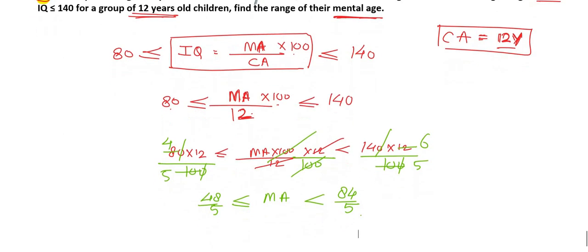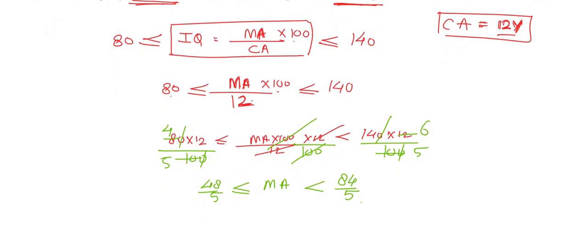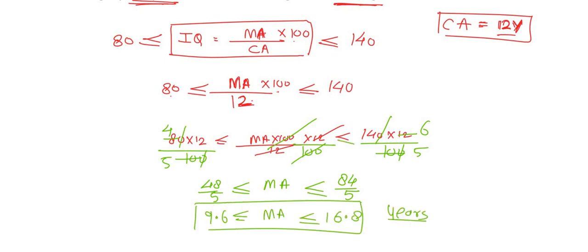If I further simplify, I will get MA. 48 by 5 is 9.6 and 84 by 5 is 16.8 years. So a child who is actually 12 years of age may have a mental age of 9.6 years to 16.8 years.